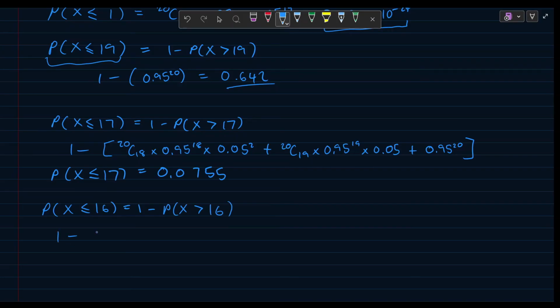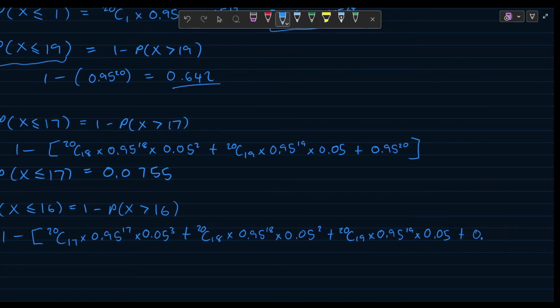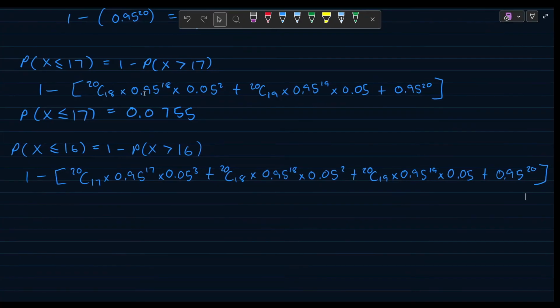So that's 1 minus 20 choose 17, multiplied by 0.95 to the power 17, multiplied by 0.05 cubed, plus 20 choose 18, multiplied by 0.95 to the 18, multiplied by 0.05 squared, plus 20 choose 19, multiplied by 0.95 to the power 19, times 0.05, plus 0.95 to the power 20.